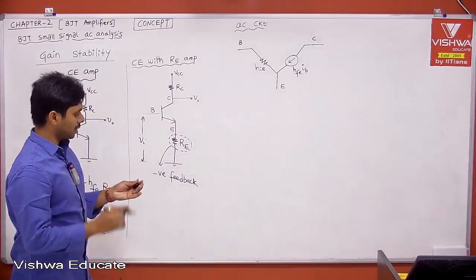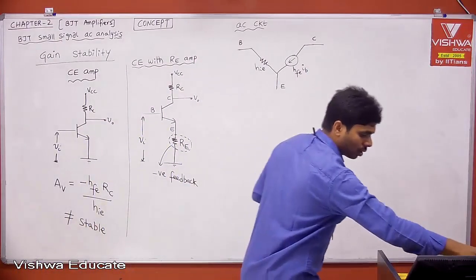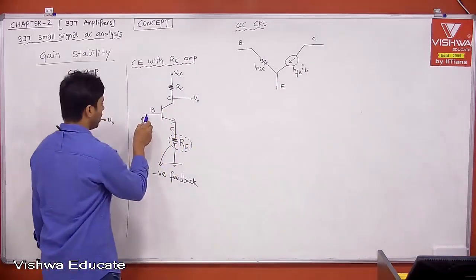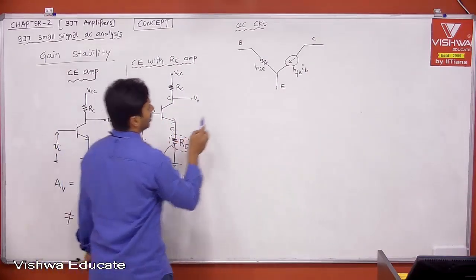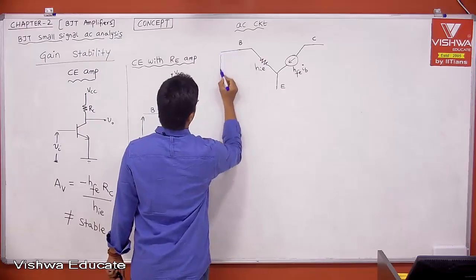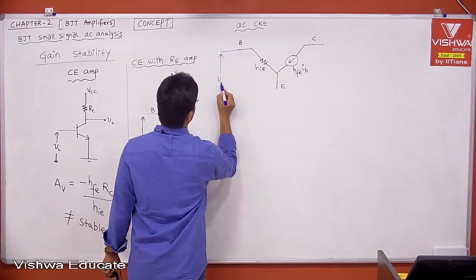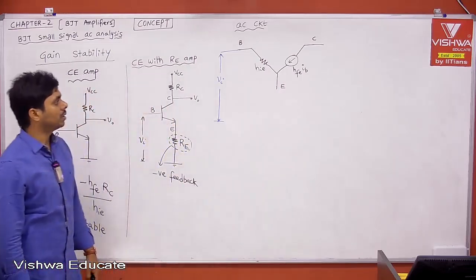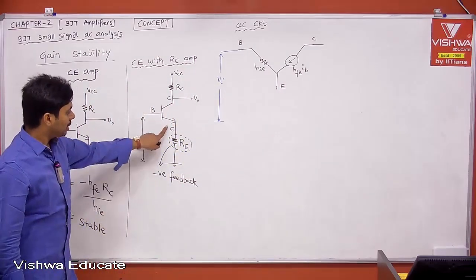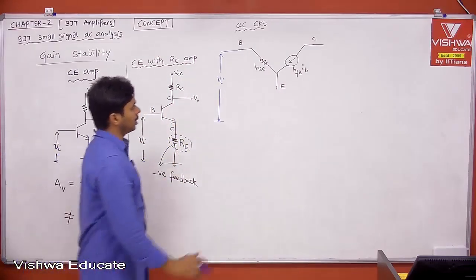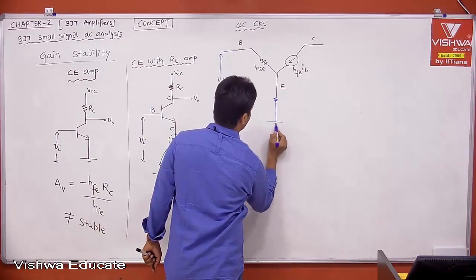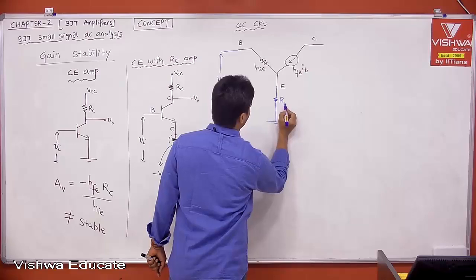This is your transistor. Now tell me what is connected. Between base and ground the input is applied. This is your VI. This is ground; reference is always ground. Between emitter and ground, RE is there. This is RE.